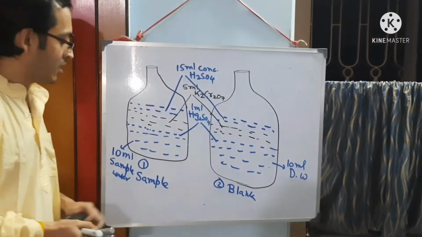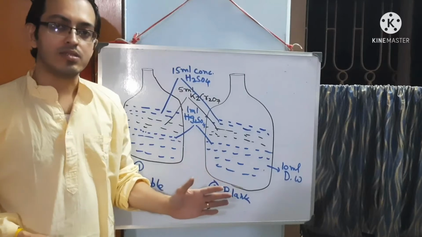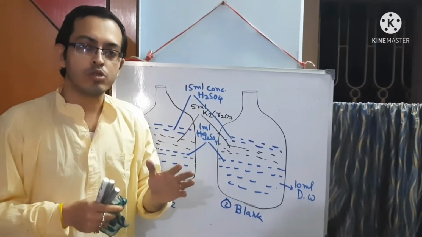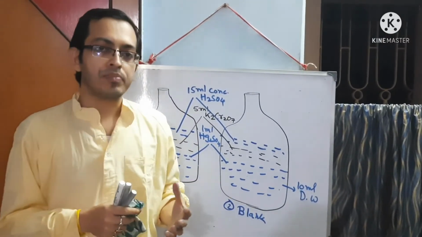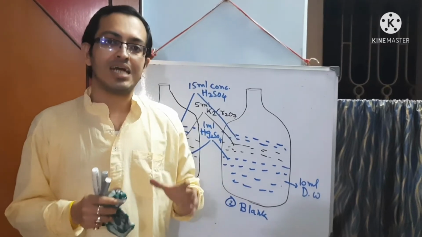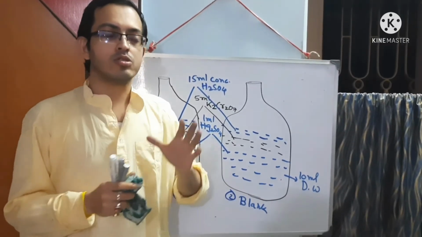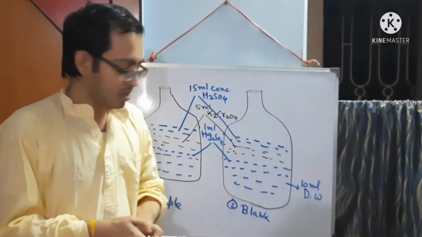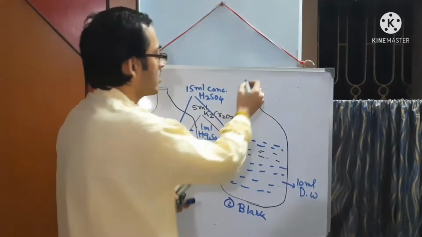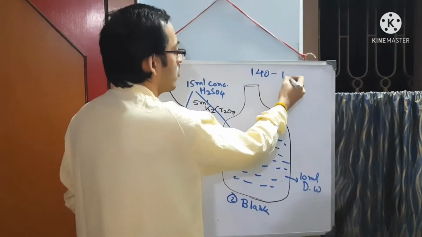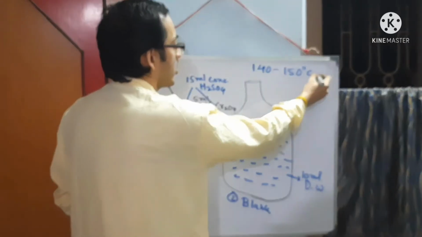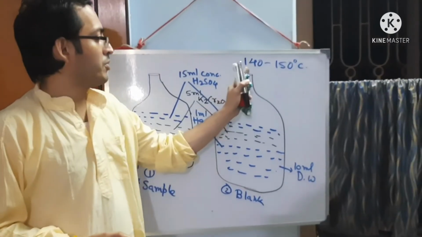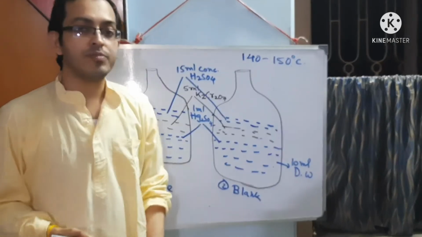Then these 2 conical flasks are put onto the COD digester machine. You know, the COD digester machine is the machine where the temperature is set in the range of between 140 to 150 degrees centigrade.